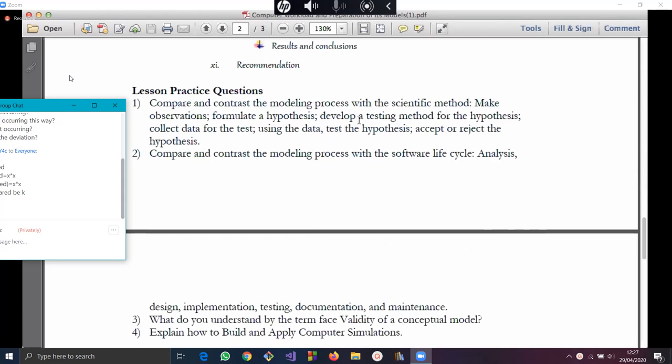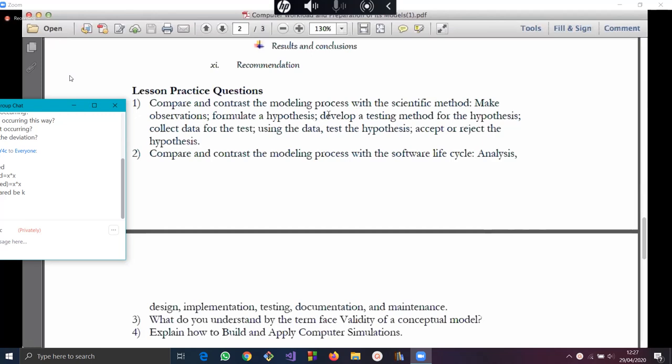Compare and contrast the modeling process with the scientific method: make observations, formulate a hypothesis, develop a testing method for the hypothesis, collect data. Now, these questions are not different from up there. The first one, make observations, is in an indirect way saying conduct situational analysis. Formulate a hypothesis is where you are setting what we call a set of goals.